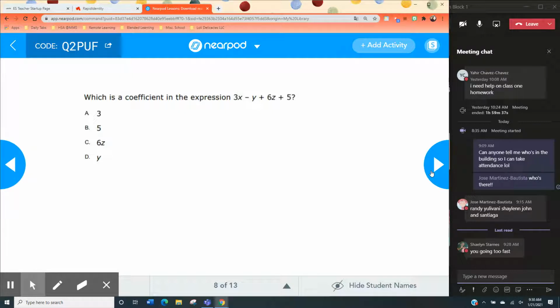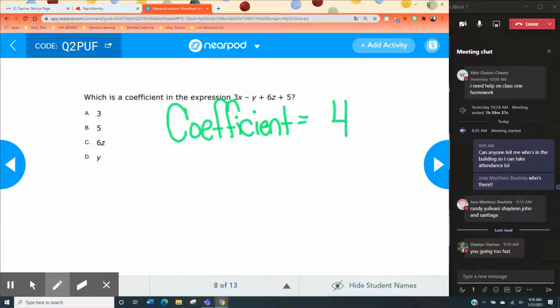So for those of you who did not write what a coefficient is, remember, if I have something like this, the number next to the variable is considered a coefficient because it's being multiplied by the letter or by the variable.